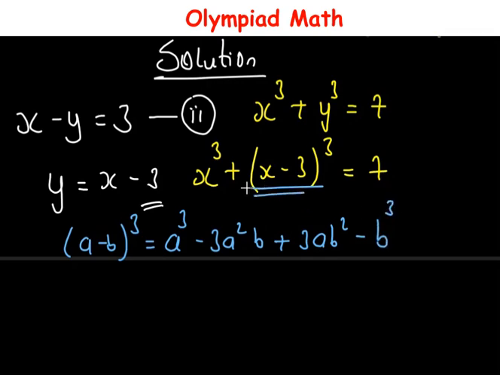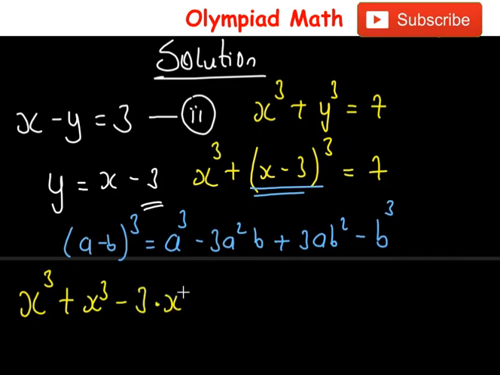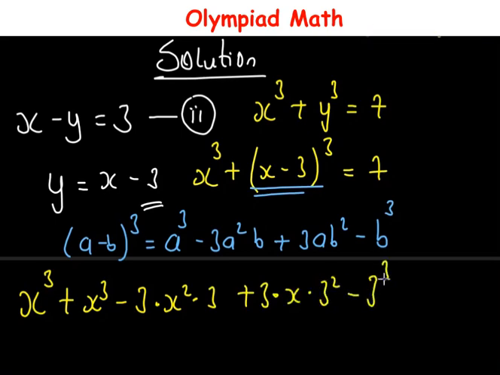So expanding, the equation becomes x raised to power 3 plus x raised to power 3 minus 3 times x squared times 3 plus 3 times x times 3 squared minus 3 raised to power 3, and this equals 7.